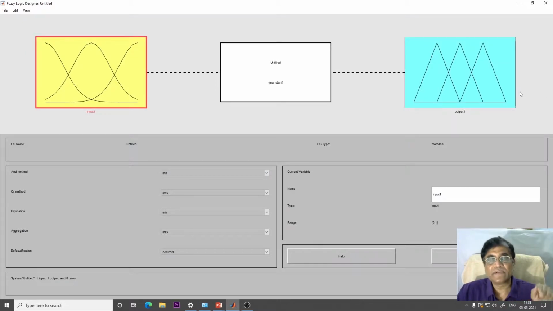I am using the fuzzy expert system cell of MATLAB since we have access. But those who do not have access to MATLAB, there are also open source frameworks for expert systems which you can use, for example Octave. So what is the expert system cell? It is just analogous to a newly built house.